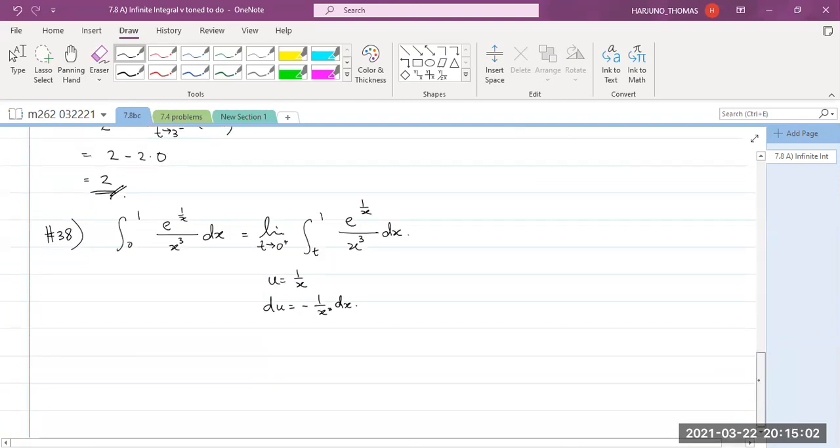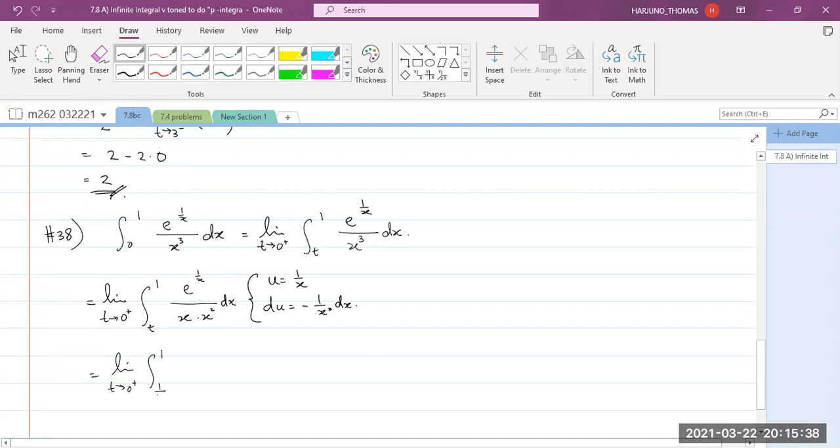Let's see. I think I need to rewrite that first. So the limit as t goes to 0 from the right-hand side, integral from t to 1, e to the 1 over x over x squared dx. That's the limit as t goes to infinity, 0 positive. This becomes 1.